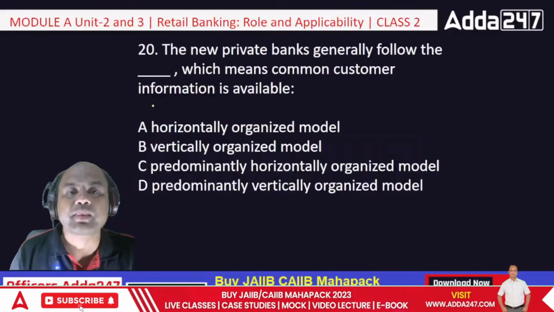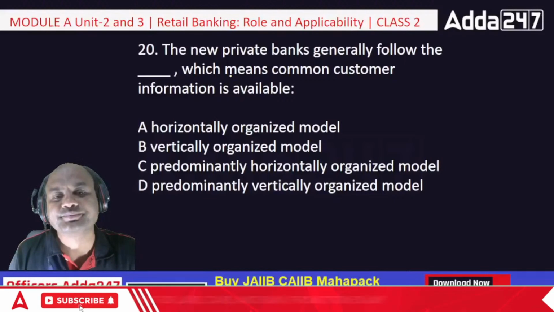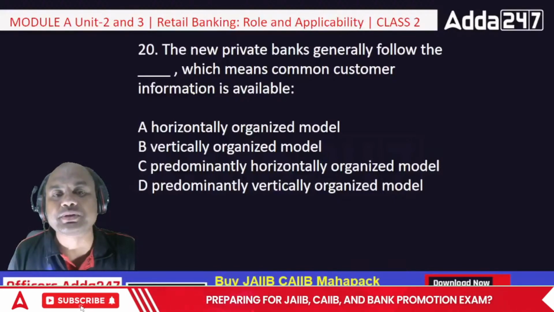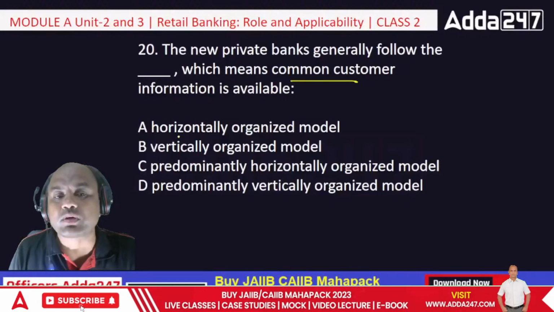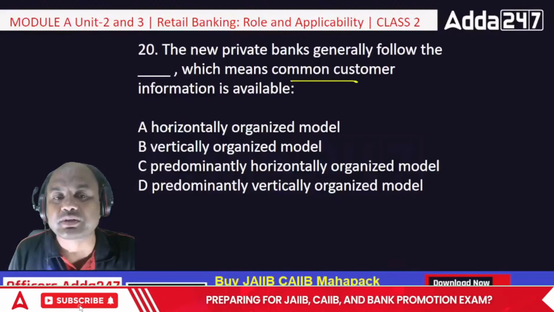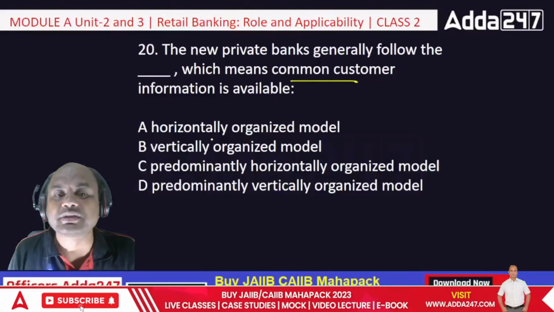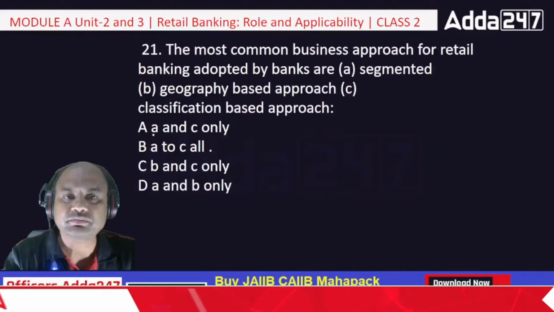The new private banks generally follow the dash, which means common customer information is available. What do you mean by common customer? This you might be knowing. It is vertically, the common customer database, isn't it?